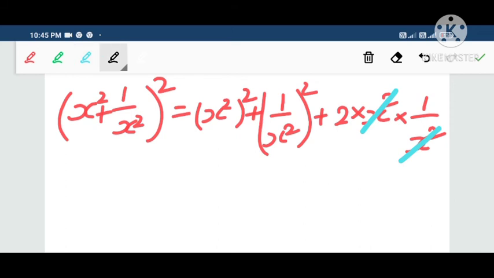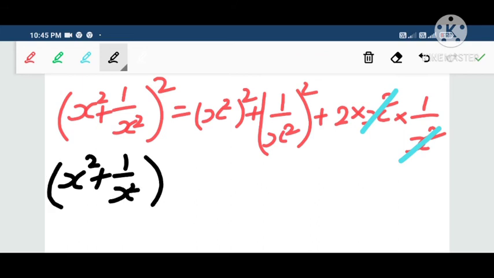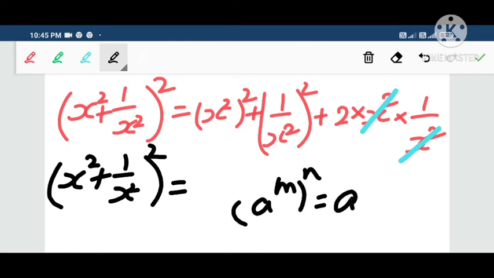So I just take x square plus 1 divided by x square whole square is equal to 2 power 2. It becomes a to the power m whole to the power n. I just recall the exponent rule: a power m whole power n, how you can write it, a power m into n. As the same identity, here we have to use in this condition.